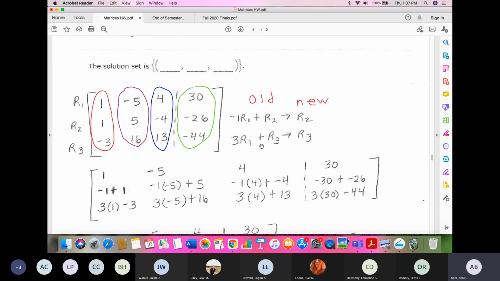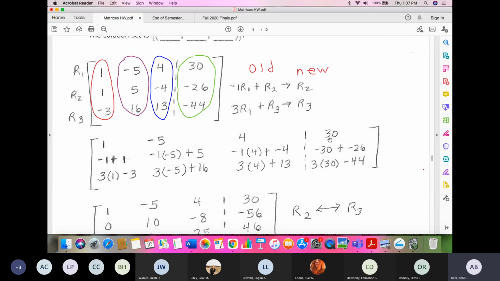Add it to the row where you want a 0. You want a 0 in row 3. And we want to put this in row 3 because we have no reason to put it anywhere else. So we're just going to keep it there in row 3.